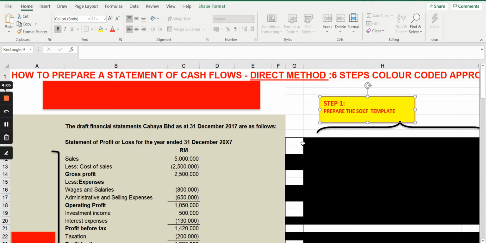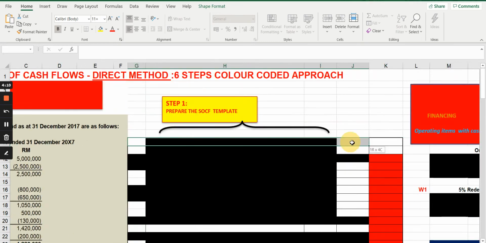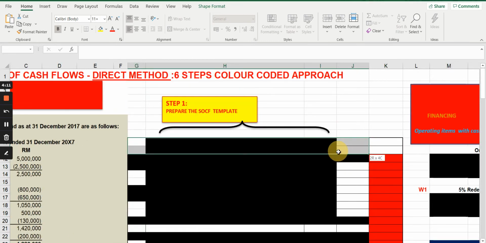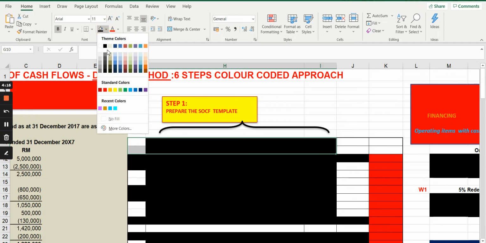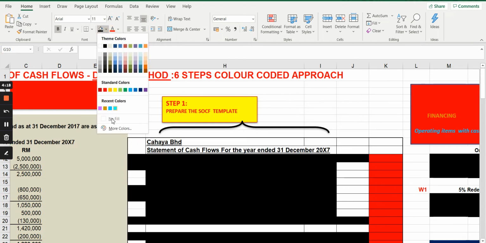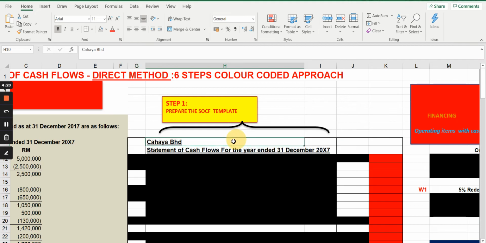What do I mean by the correct template? You should first start with the title. I've already prepared it in advance for you. The title of this statement is: put the name of the company, Cahaya Berhad. Berhad is limited in English. Statement of cash flows for the year ended 31st of December 2007.